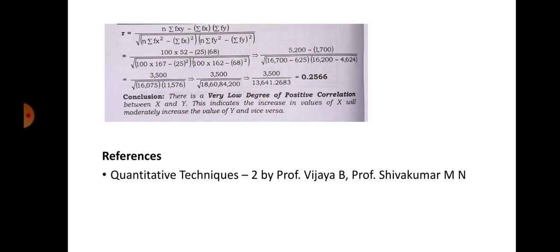Now what is this? 5200 minus 1700, divided by square root of 16,700 minus 625 into 16,200 minus 4624. So the value is equal to 3,500 divided by square root of 16,075 into 11,576.